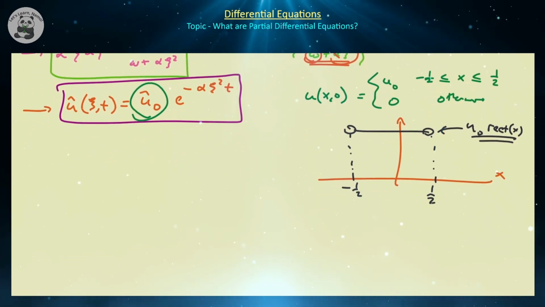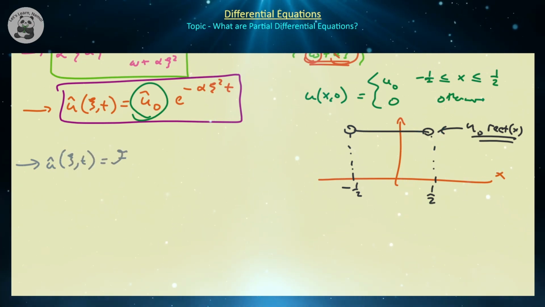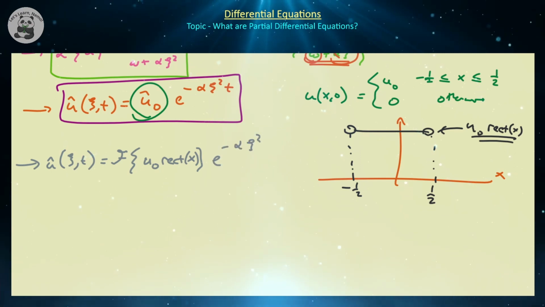So if that's the case, our solution can actually be rewritten as u hat psi of t will be equal to the Fourier transform of u0 times the rectangular function of x, times e to the minus alpha psi squared of t. Right? So what's the Fourier transform of a scalar multiple of the rectangular function?